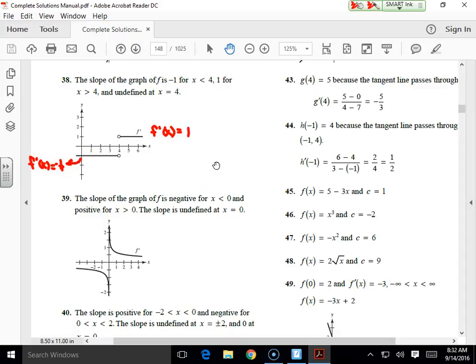Technically, if you want to think about it in an algebraic sense, it'd be f prime of x equals -1 for x less than 4, +1 for x greater than 4. And if you notice, there is no derivative at x equals 4. We'll come back to number 38 in just a moment, but let's keep checking our evens. We have number 40 also, yeah?